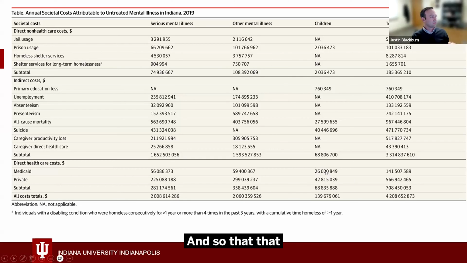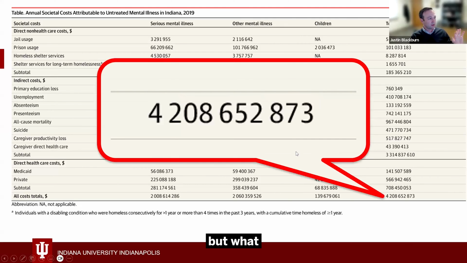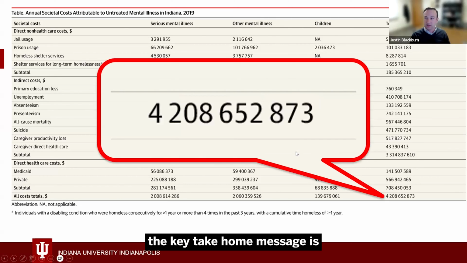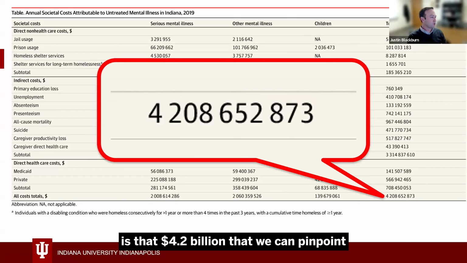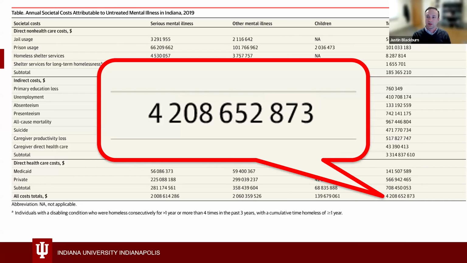And so the input parameters differed. This is hard to see maybe, and it's a lot of information, but the key take-home message is that $4.2 billion that we can pinpoint in economic costs.